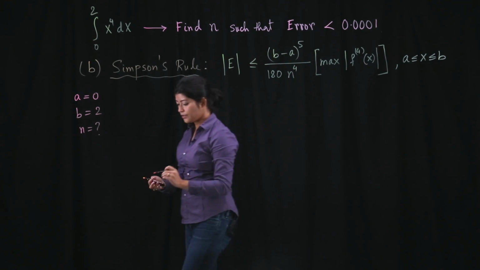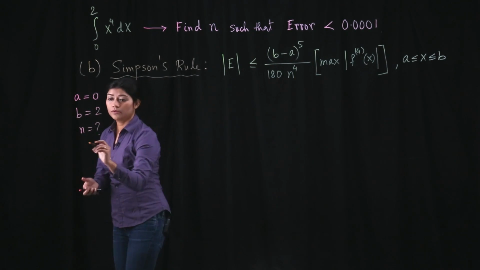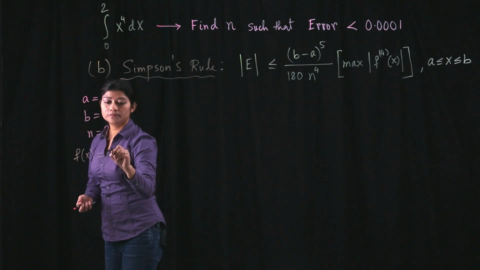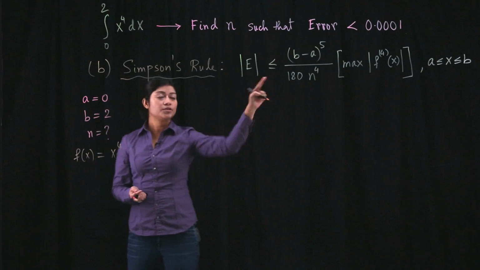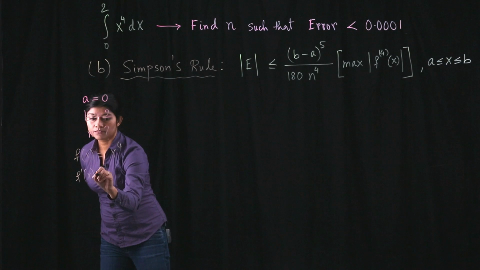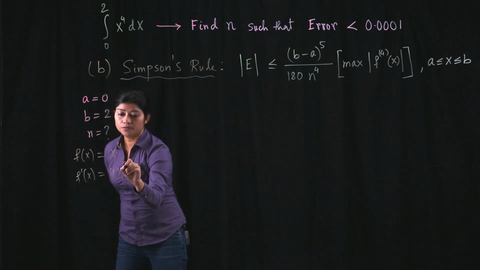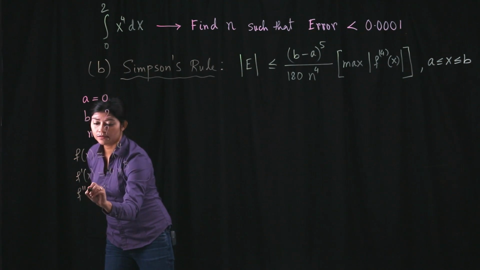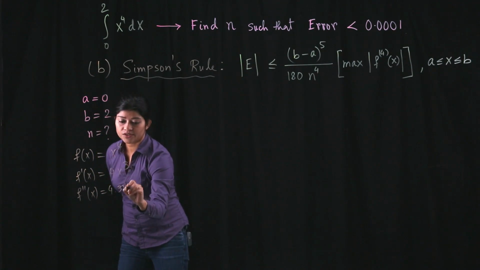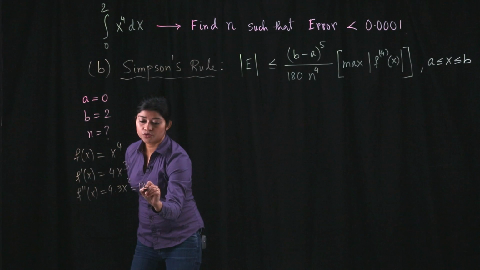So we know that the function is x to the fourth. So let's compute the fourth derivative. First derivative is 4x cubed. Second derivative is 4 times 3x squared, so that's 12x squared.